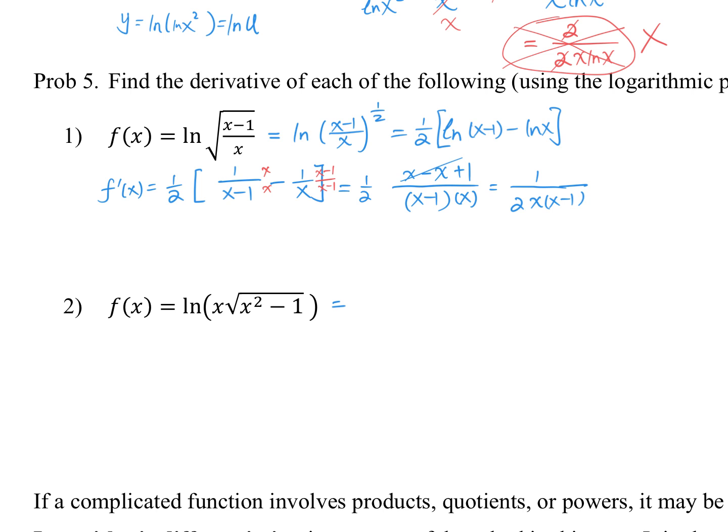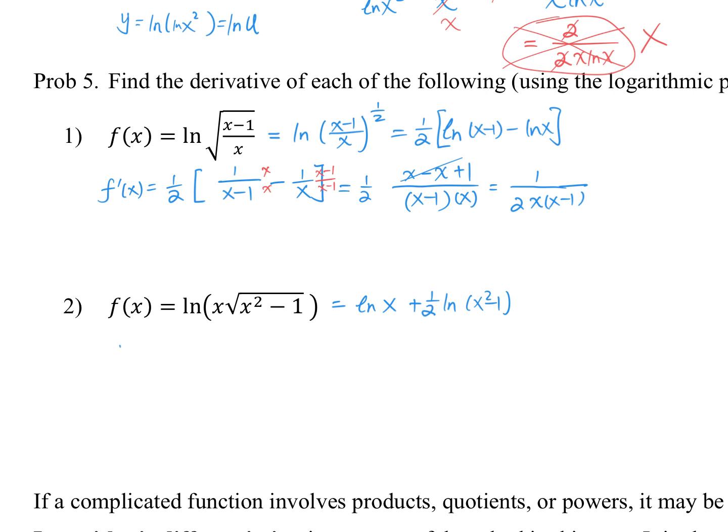All right, the next one, because we see a product here, so we are going to expand it. Instead of using the chain rule and then product rule for the inside function, we can actually write a sum of those, right? So ln x squared minus 1. Well, this is supposed to be power exponent 1/2, but this 1/2 can be pulled to the front. So let's write it into the front.